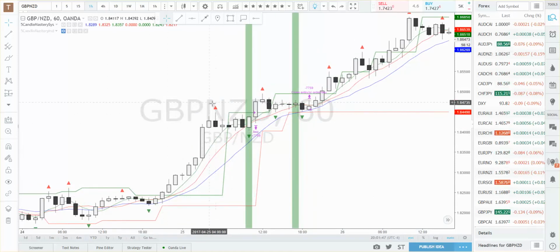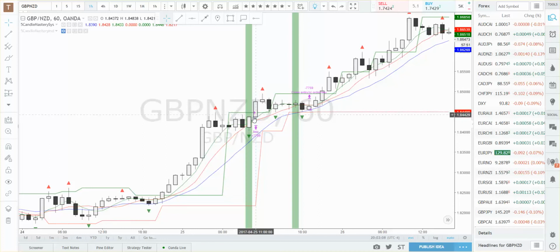As soon as you get a fractal high in this case, the indicator will wait 5 bars, and if the signal is still valid, you'll get a green vertical bar, meaning there's a buy setup.